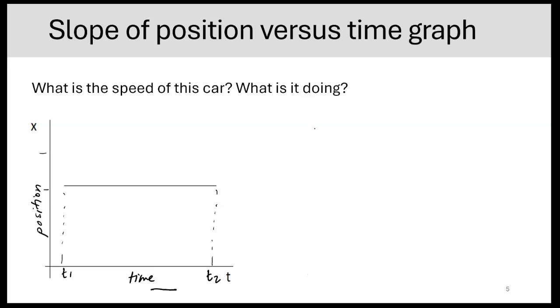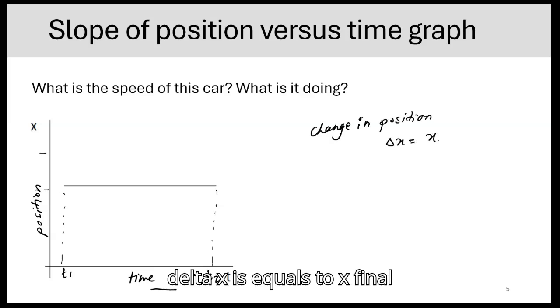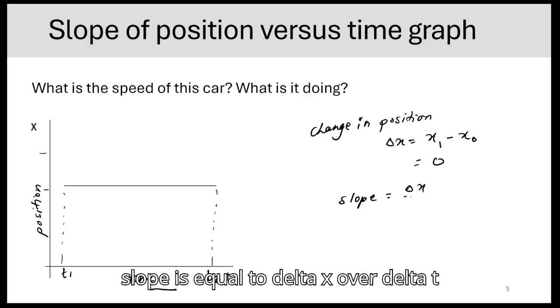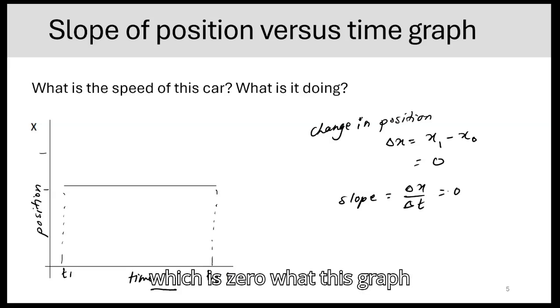So the change in position, delta x, is equal to x final minus x initial. Here x final and x initial are 0. That means the slope, delta x over delta t, is 0.